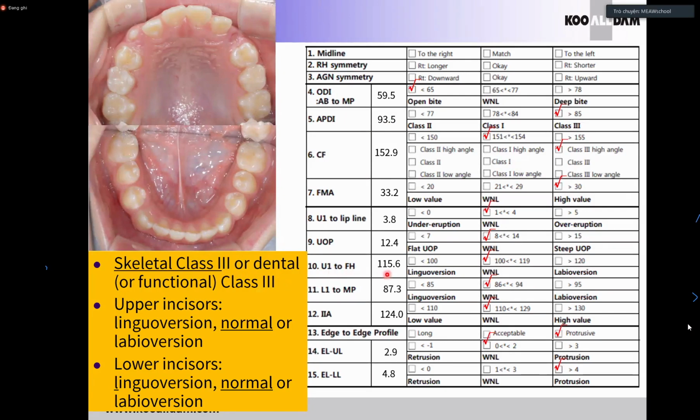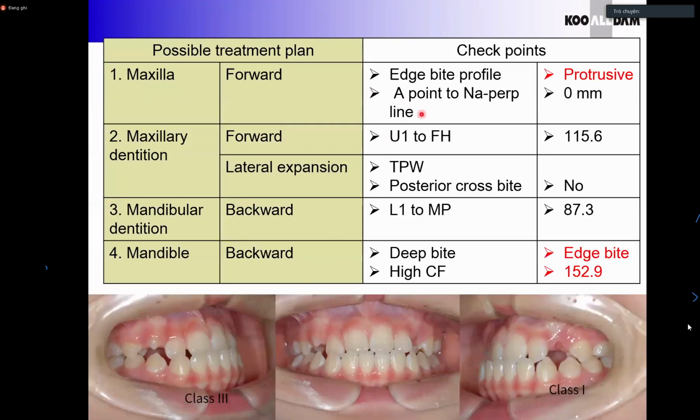Upper occlusal plane to FH 115 is normal. Lower to mandibular plane angle 87 is normal. However, we can see the protrusive lip. So these are checkpoints: the profile is a protrusive lip, and you can see the edge-to-edge bite and low shear failure.